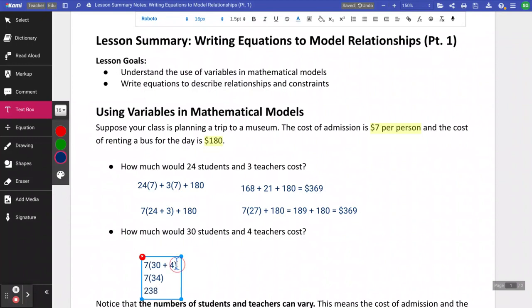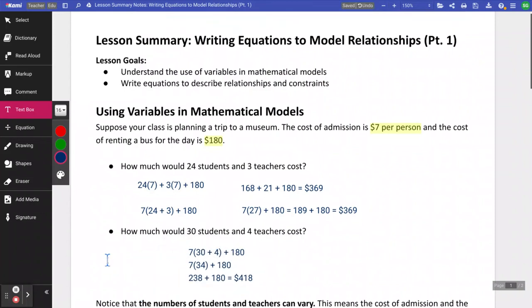And then just like before, I'm going to have to add in my bus, that $180 for the bus. And so when I add in my $180 for the bus, whoops, that's not 190. When we add in $180 for the bus, that gets us to a total of $418.